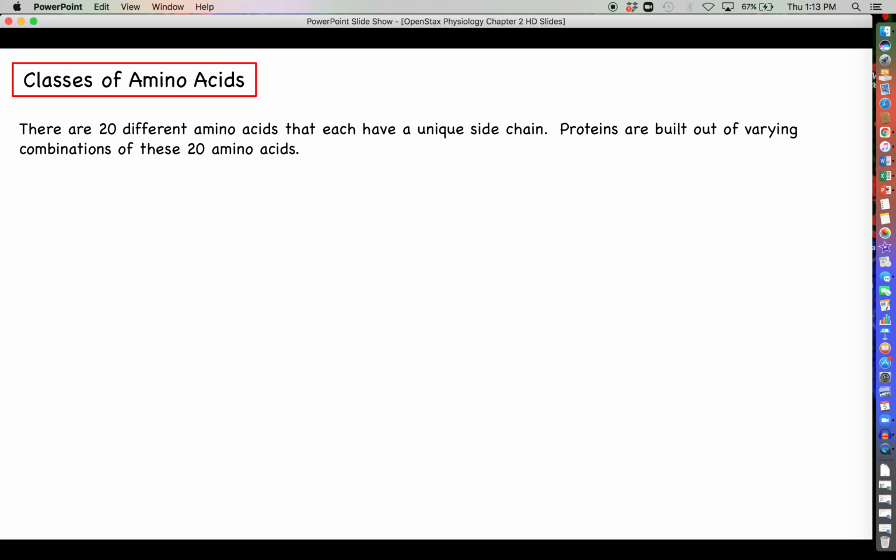So the idea here is that because we have 20 different kinds of amino acids to work with, and they all have their own unique side chains, we can actually make a ton of different kinds of proteins depending on things like how long the protein is going to be, meaning how many amino acids are in the chain. It can be infinite for all we care.